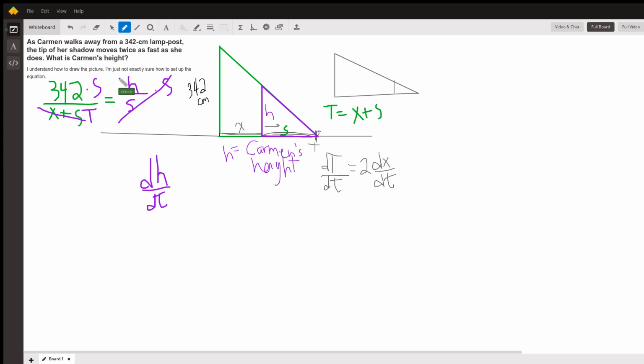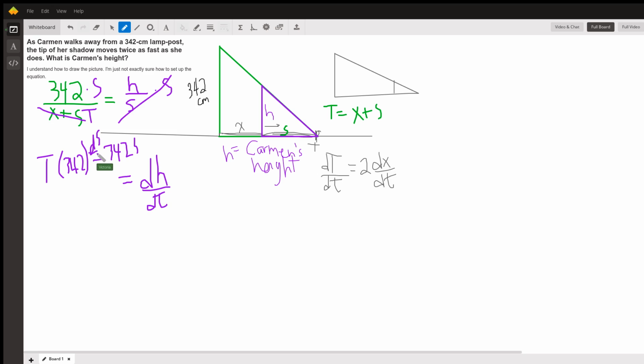If I do dh dt, it's a quotient. So it's the bottom times the derivative of the top minus the top times the derivative of the bottom. Oh, this is implicit differentiation.